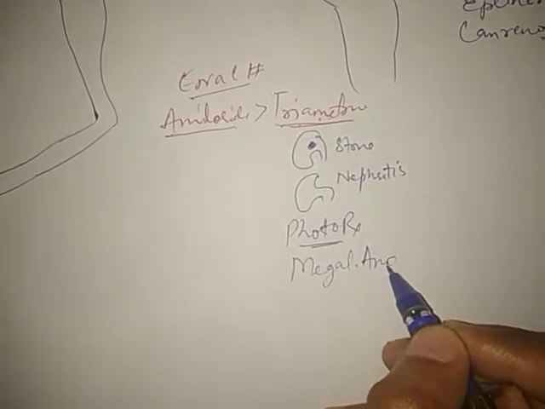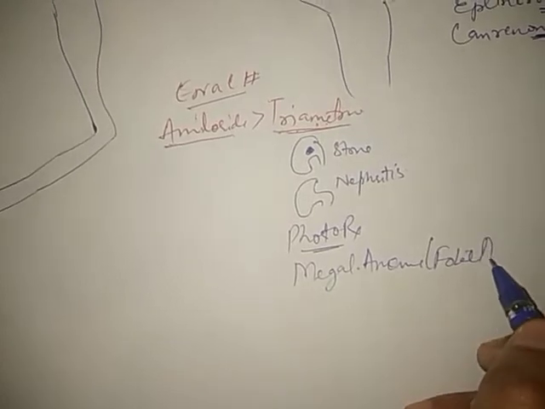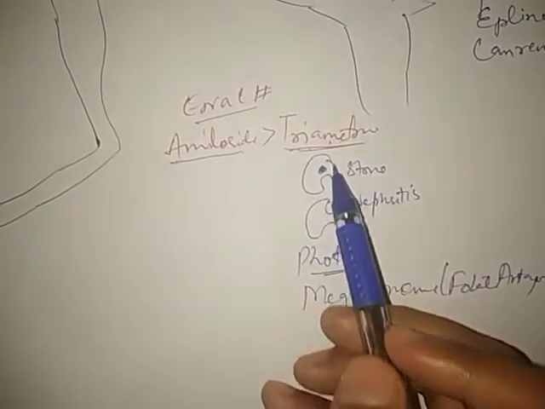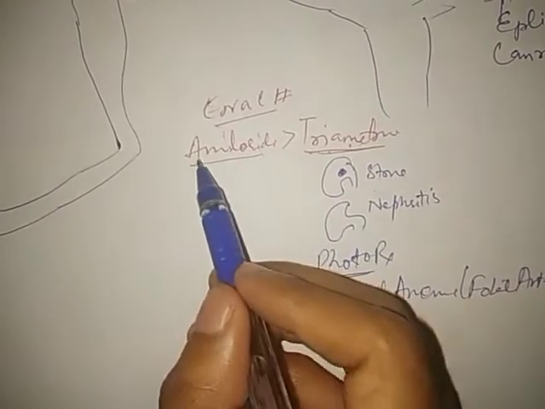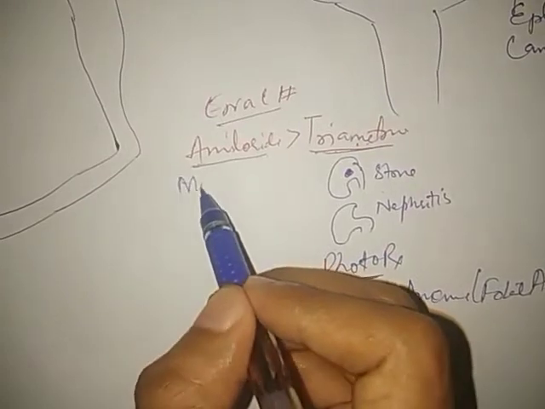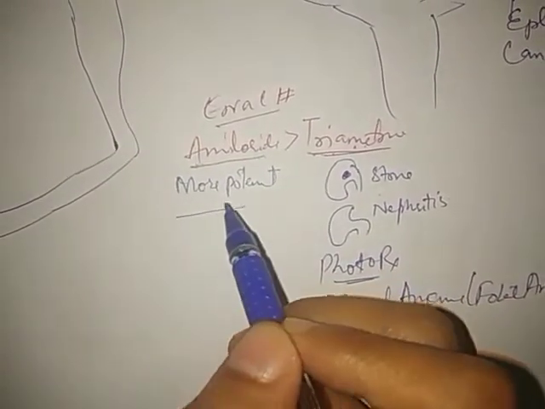Why? Because it is a folate antagonist. So triamterene has lots of side effects, while amiloride is more potent than triamterene. This is one thing you have to remember.